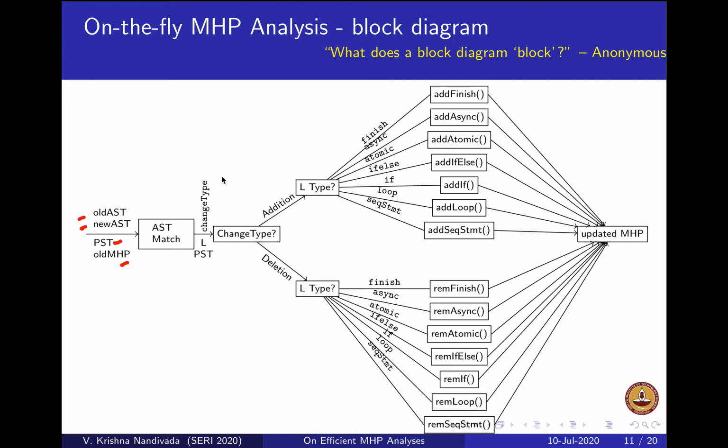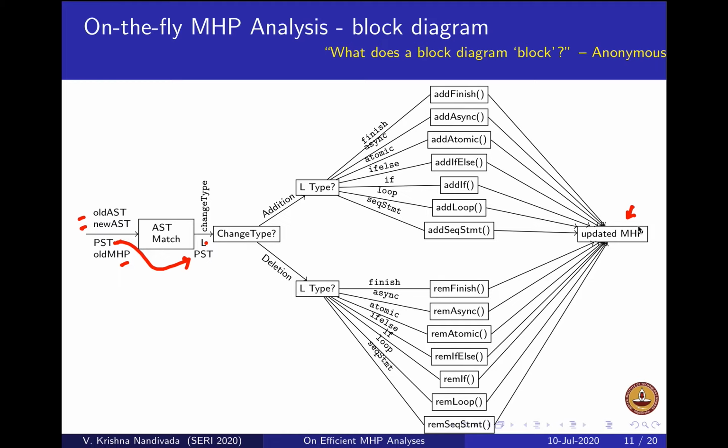If there is a change, what type of change is it? The change type could be an addition or deletion, and the node which is being added or removed. And this PST is passed along here. Depending on whether I am adding or removing, and depending on the type of the node, we will call the appropriate corresponding functions. And this function will return an updated MHP.